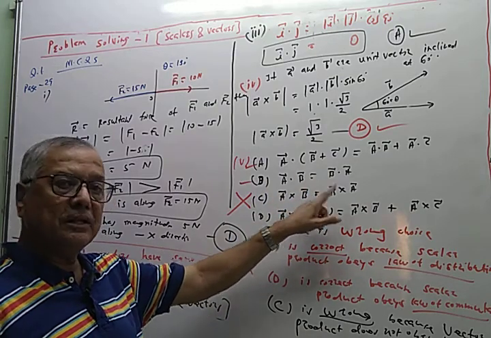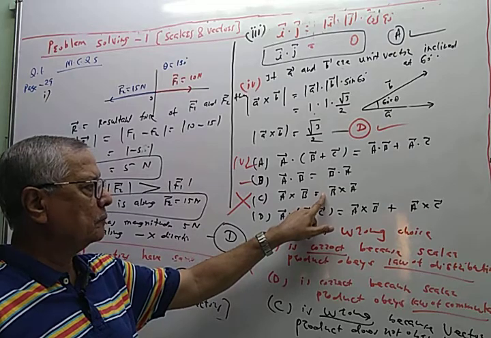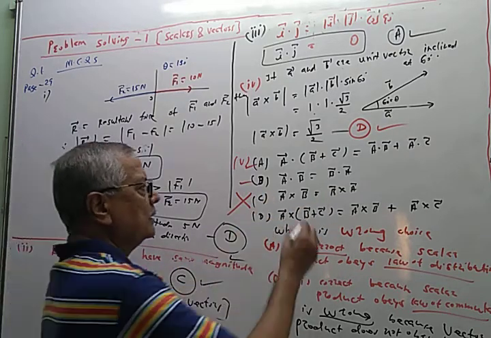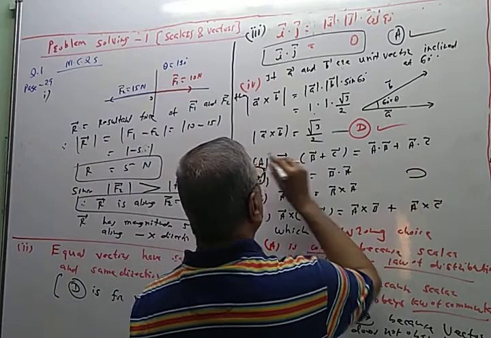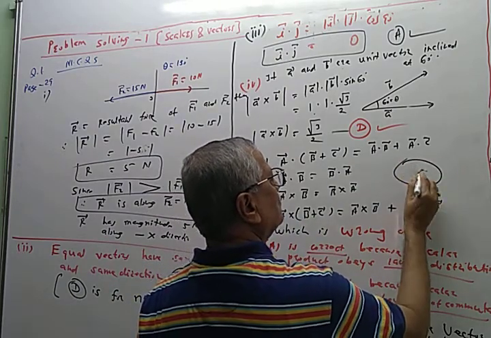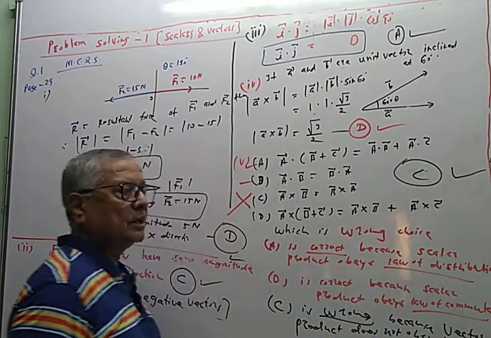A cross B is equal to minus B cross A पाहिजे. इथे मायनस नाही. Therefore C is wrong. So the correct answer for this question number 5 is C.